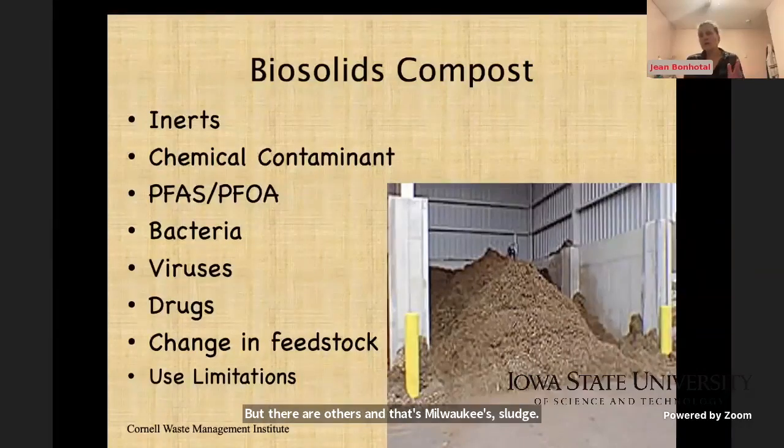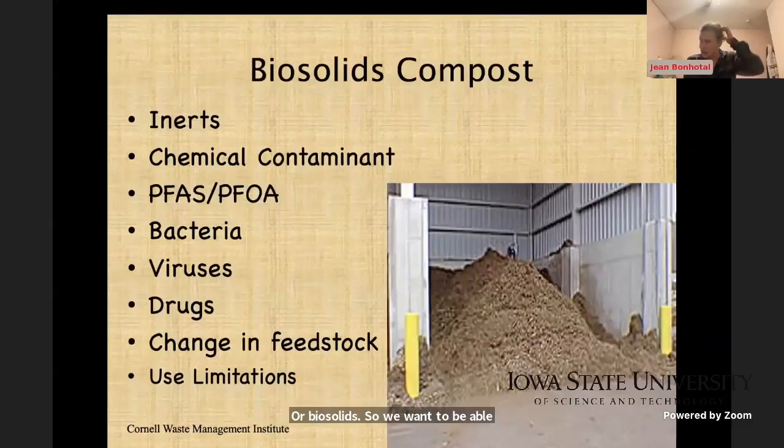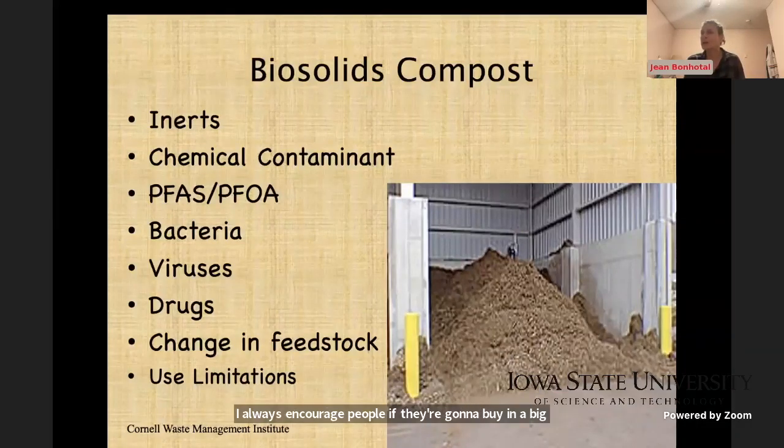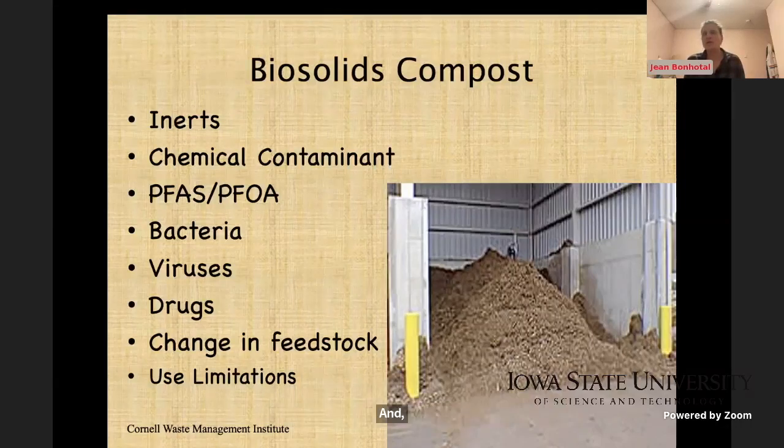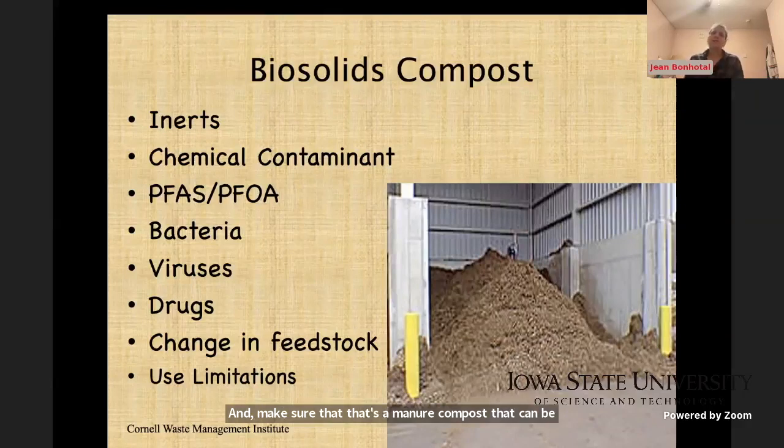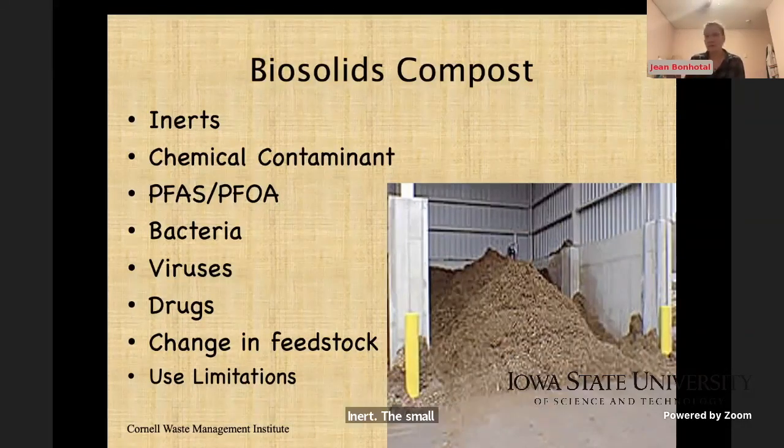So we want to be a little bit careful about what we're buying. I always encourage people, if they're going to buy in a big box store or garden center or something like that, to make sure that it's a manure compost, and make sure that that's a manure compost that can be used. Inerts, the small pieces of anything.